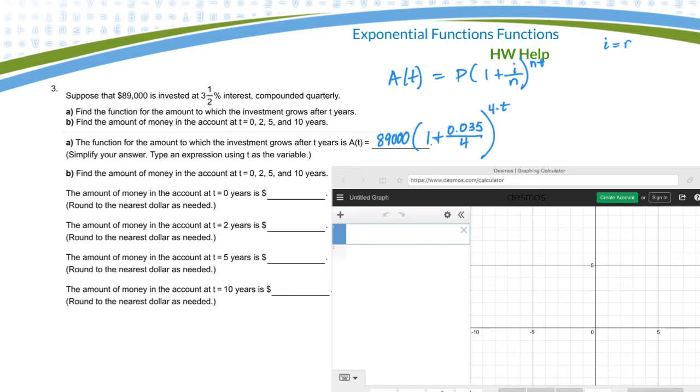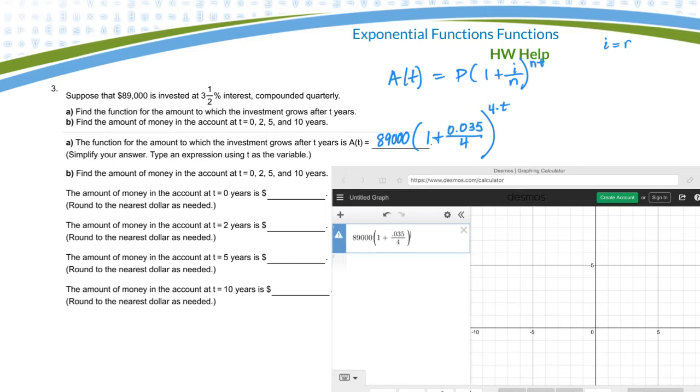So 89,000, bracket, 1 plus 0.035 divided by 4, then go over, hit another bracket, to the... where's my to the button?